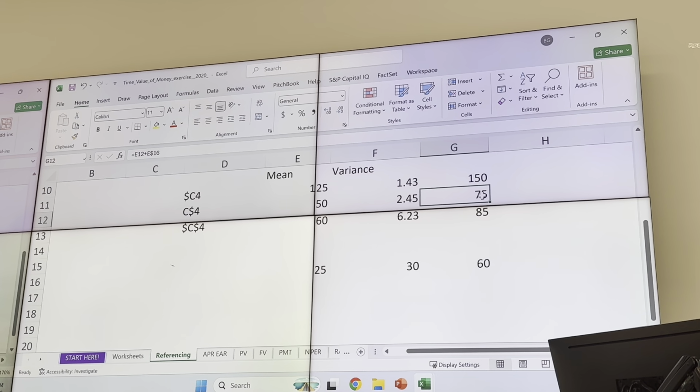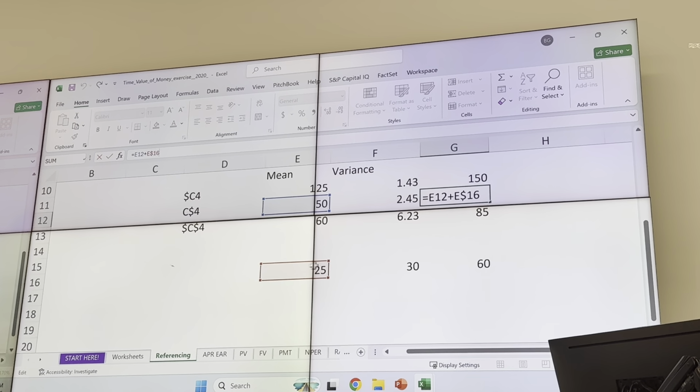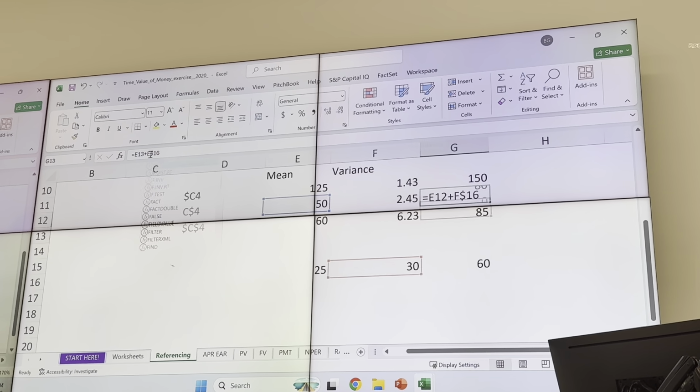This one would not be fine anymore, because what will happen? It will take the E16 as fixed, right? I need to change the E, right? So here I need to fix F, right?